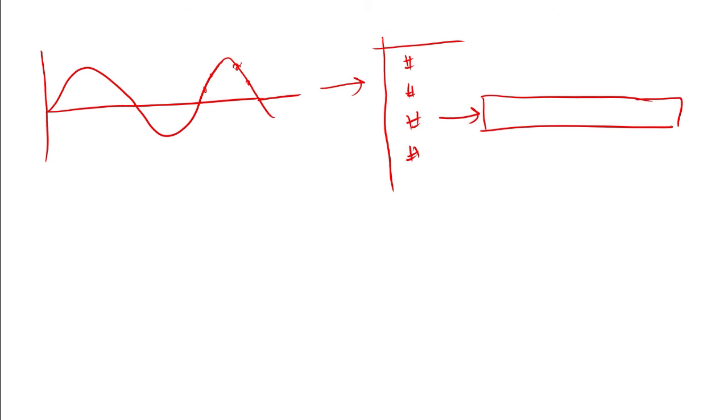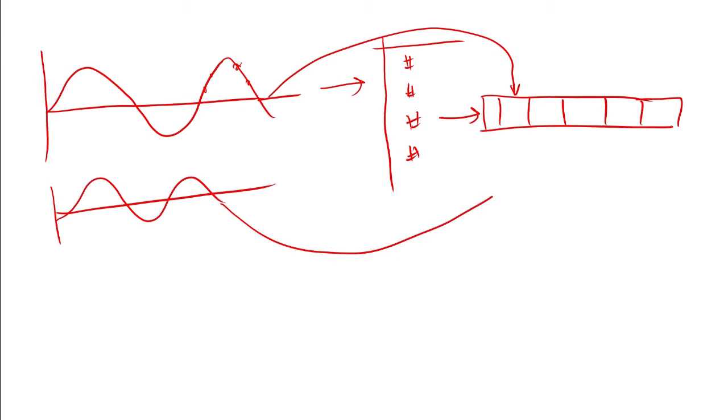So remember, we went from this wave to a table with a bunch of numbers based on our samples. And then we went from this table to this frame, which contains data from multiple streams. So this one went into here. This data went into here.